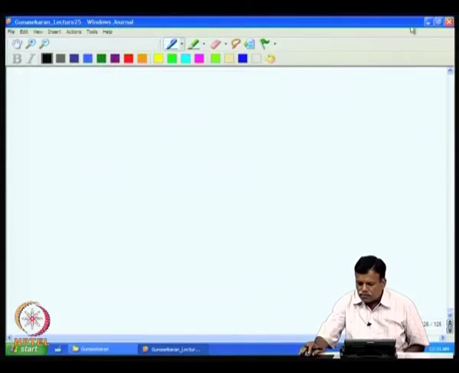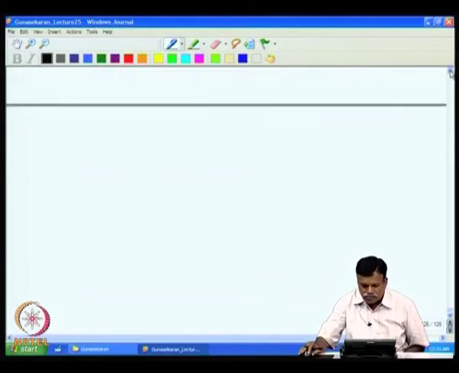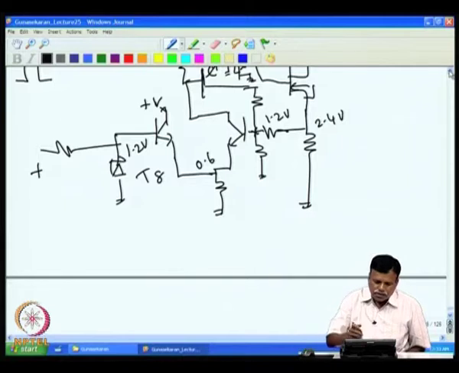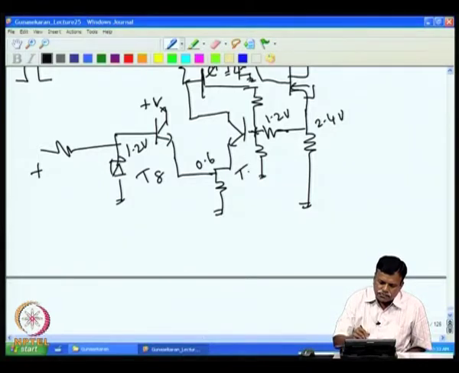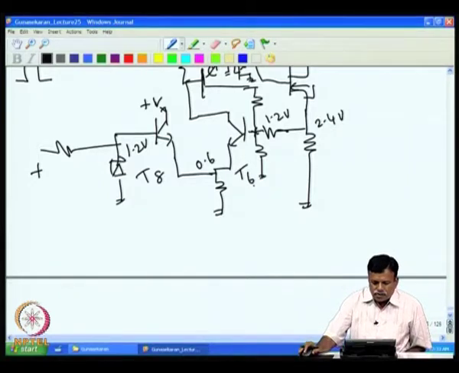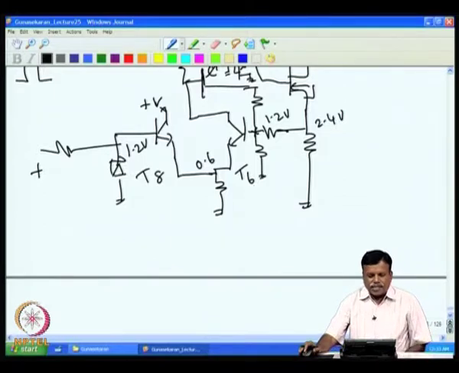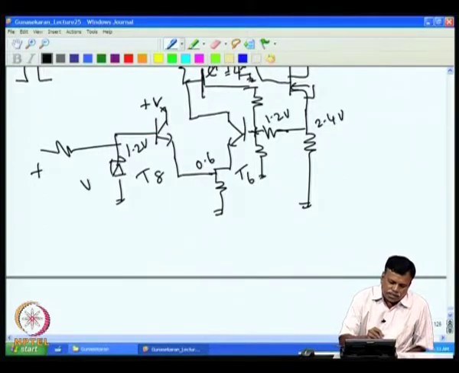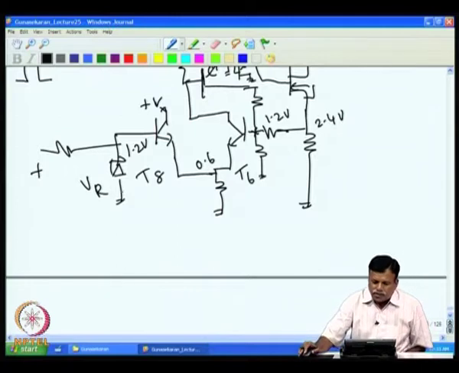So, we have this T6. By adding T8 and the V reference voltage, we avoid the drift of the base emitter voltage of T6.